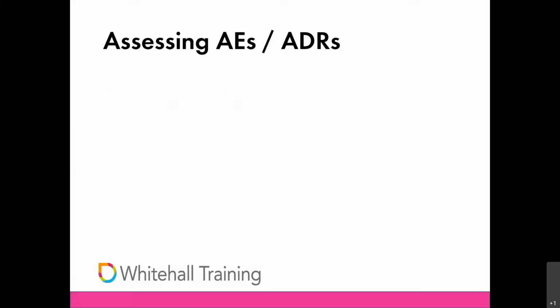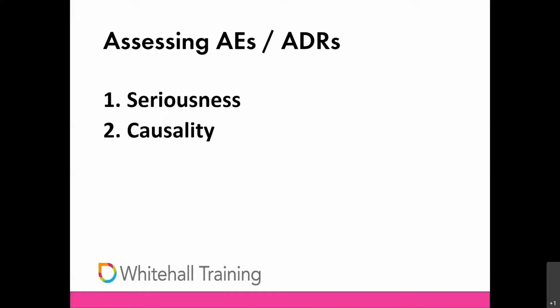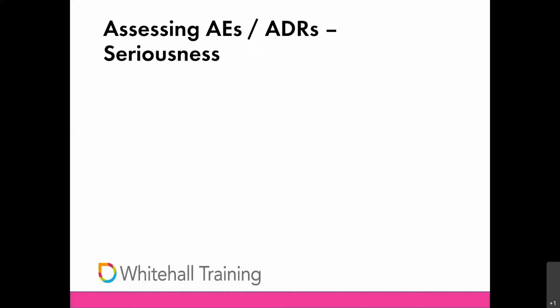Now, there's 3 factors that are used to assess adverse events and adverse drug reactions: seriousness, causality, and expectedness. So first of all, I'm going to talk about seriousness. So what is a serious adverse event or adverse drug reaction?